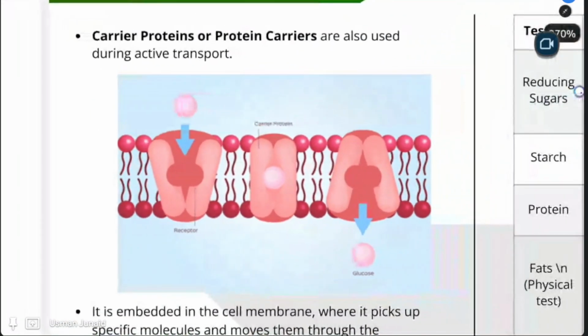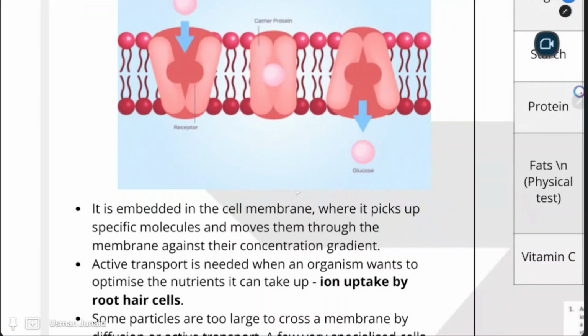Carrier proteins, or protein carriers, are also used during active transport. This is what we were talking about initially with the special entry doors. They're embedded into the cell membrane like gates, and they pick up specific molecules and move them through the membrane against their concentration gradient.